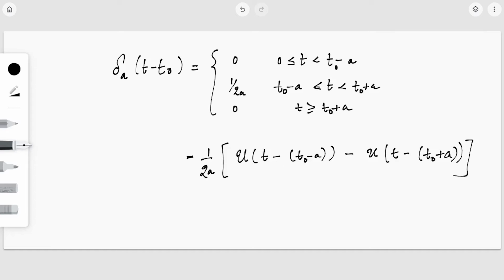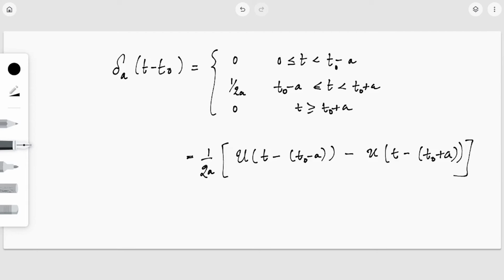So once we can express this function in terms of the unit step function, we know the Laplace transform of the unit step function. So the determination of the Laplace transform of the Dirac delta function will be easier.